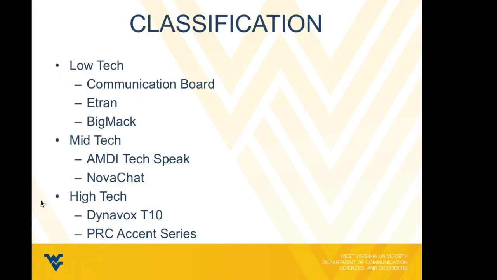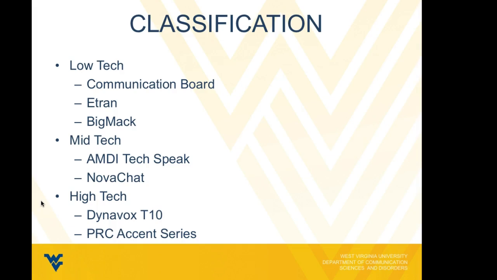And other terms that we should be familiar with as we're beginning to explore this topic are this classification of augmentative components as being low-tech, mid-tech, or high-tech. Low-tech components, and sometimes people think of this category as low-tech or no-tech, but low-tech might be a communication board or a plexiglass E-tran or a single message switch such as a Big Mac.